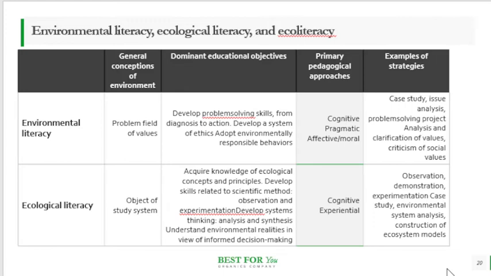In the pedagogical approaches used, we've got cognitive and experiential. Strategies used, we've got observation, demonstration, experimentation, case study, environmental system analysis, construction of ecosystem and models.